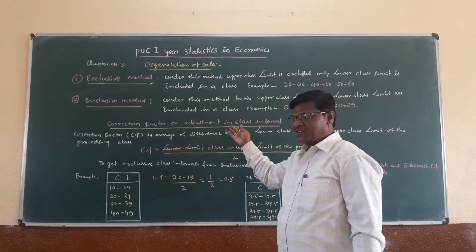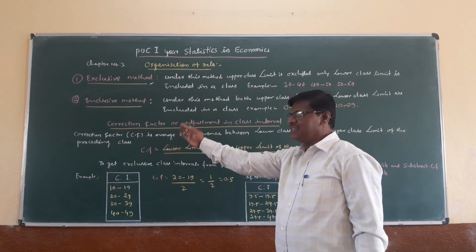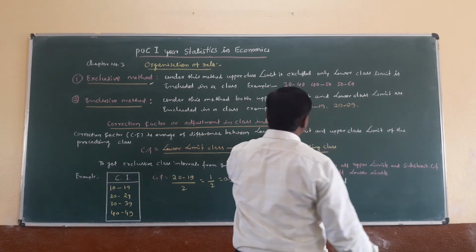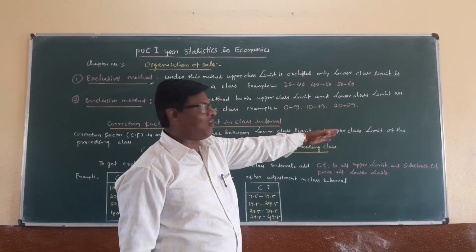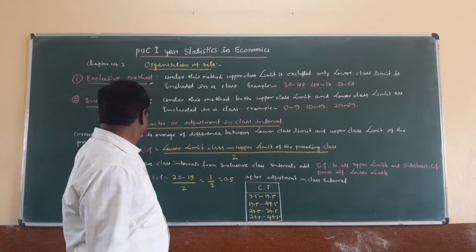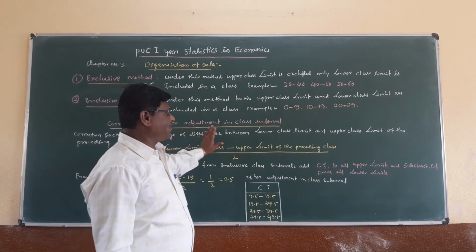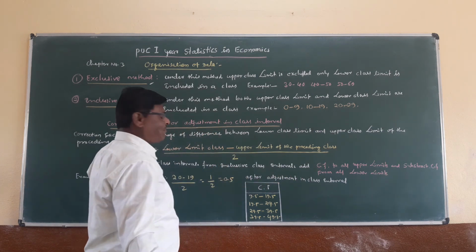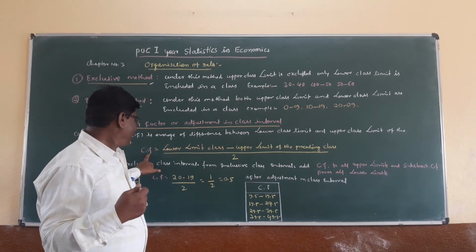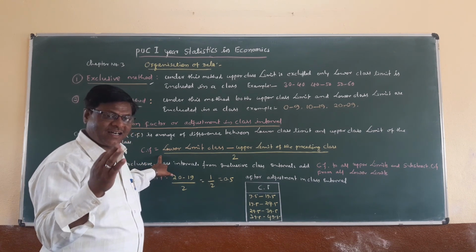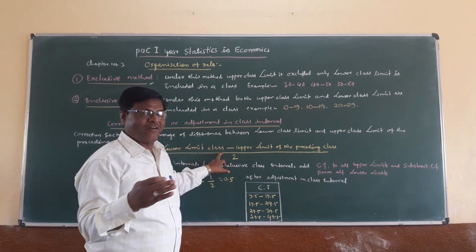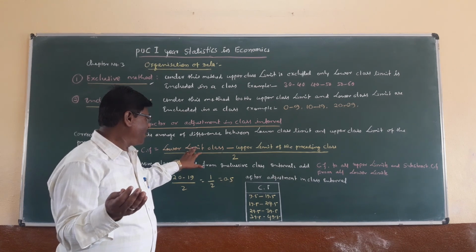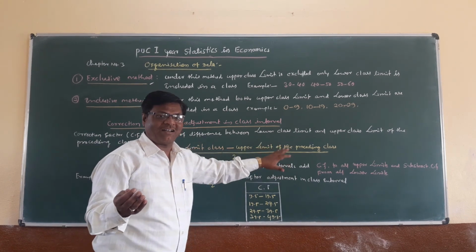The correction factor (CF) is the average of the difference between the lower class limit and the upper limit of the preceding class. The formula is CF = (lower limit of class - upper limit of the preceding class) / 2.